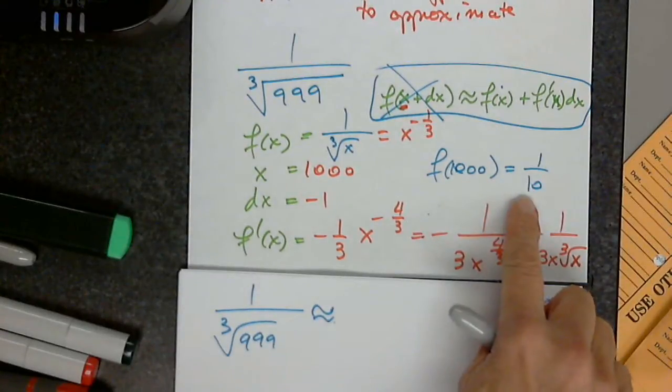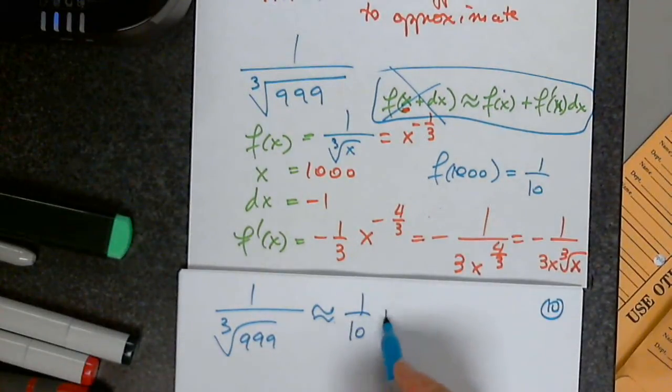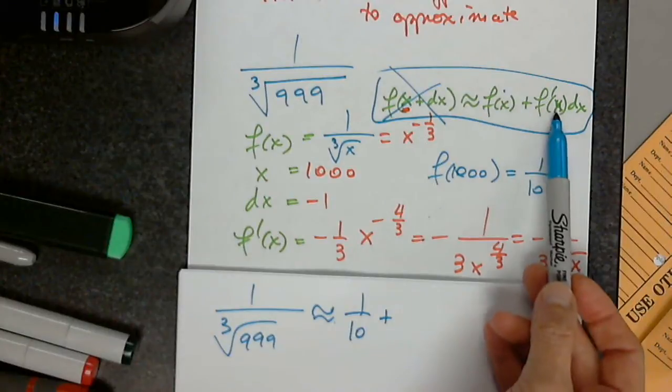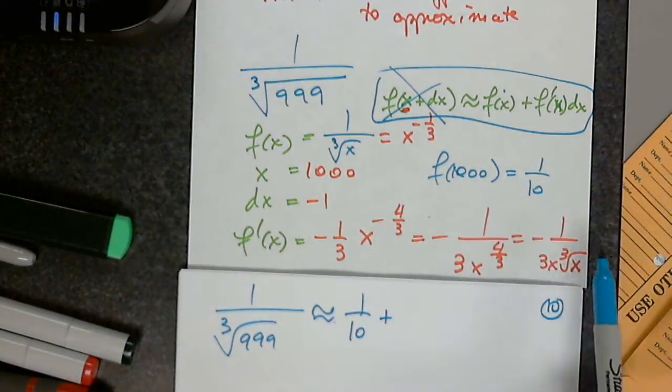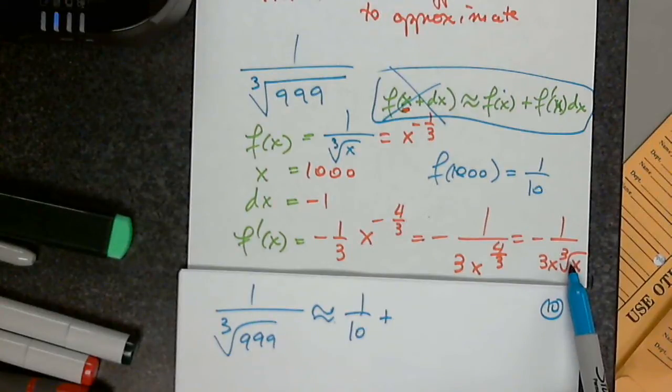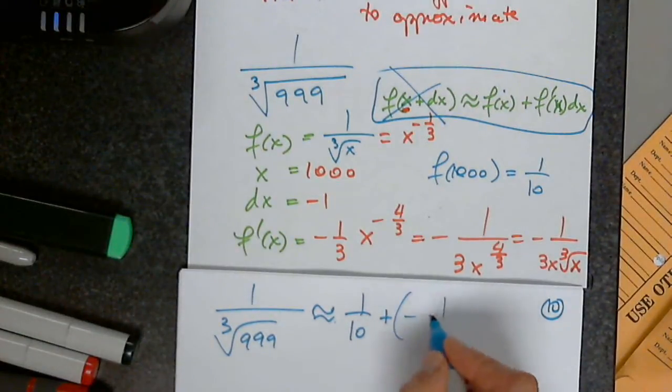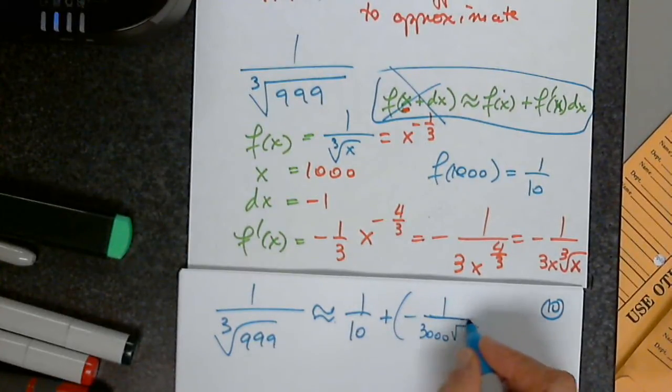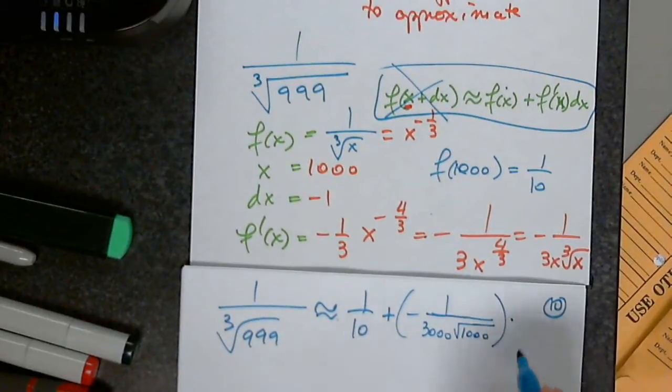We just wrote it here. 1 over 10 plus f prime of 1,000: negative 1 over 3 times 1,000 times the cube root of 1,000, which is 10. So negative 1 over 30,000, times dx.